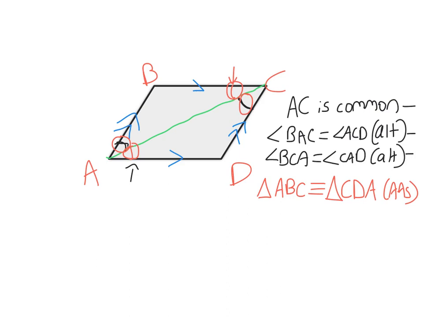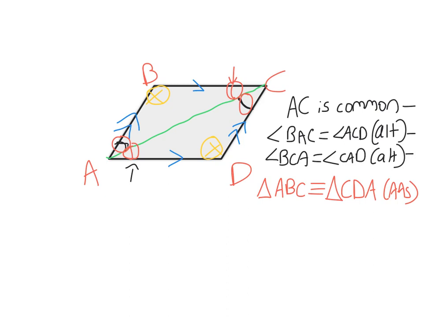Because they're congruent, this angle and this angle are equal. So what we've actually done is show that because you can divide a parallelogram into two congruent triangles, these two angles are equal. This shows you that opposite angles of a parallelogram are equal.